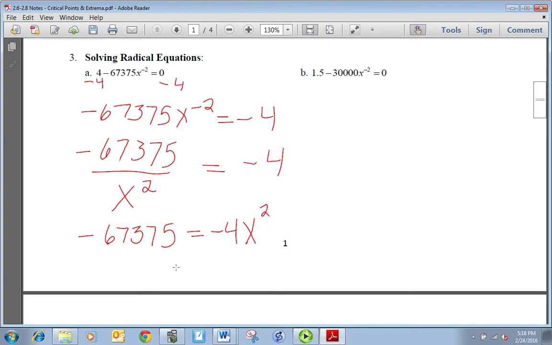We can divide both sides by negative 4. And we're going to come up with 16,843.75 equals x squared. And of course, to get what the x values are, I would take the square root of both sides.